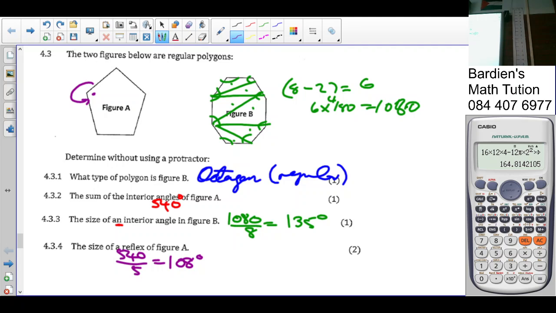So I'm going to get the reflex angle. Say 360 minus 108. It's going to give you 252 degrees. Any confusion here? Any questions with regards to these shapes? No?